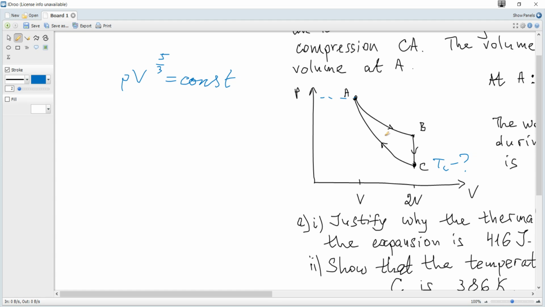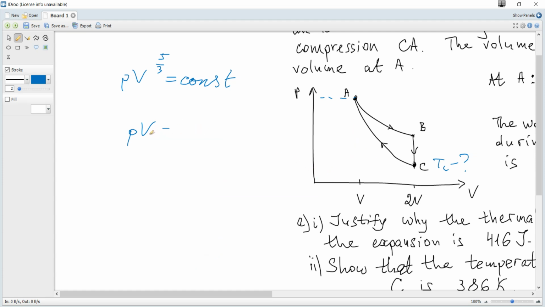And by the way, how to distinguish between the isothermal and the adiabatic processes? For isothermal, PV is constant, and hence P is inversely proportional to just V, and for adiabatic it's inversely proportional to V to the power of 5/3, which is greater than 1, so adiabatic is always going much more rapidly, it's always much steeper.